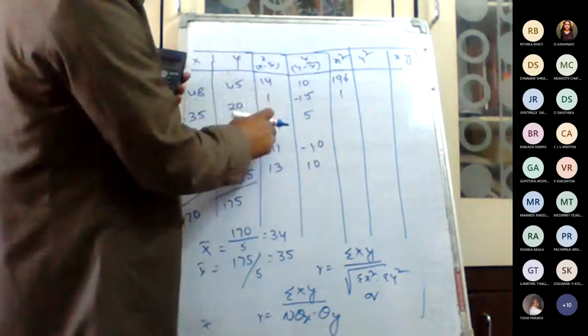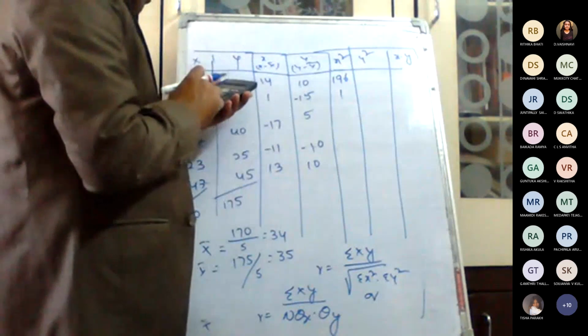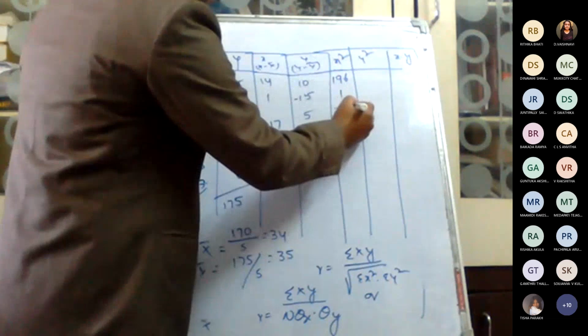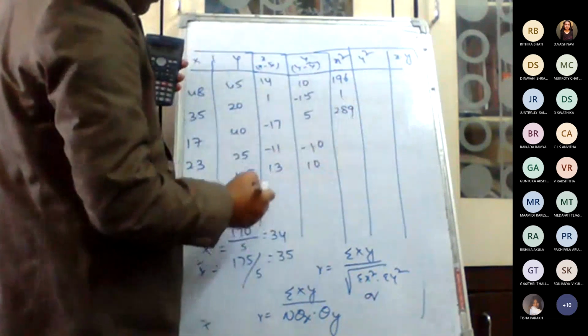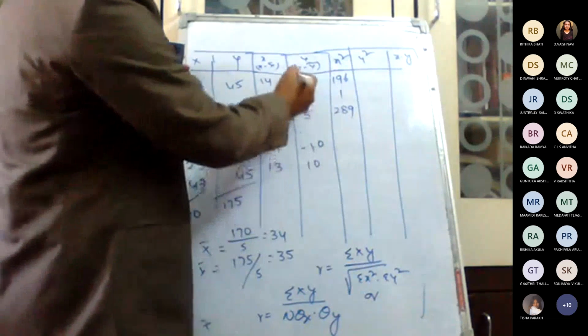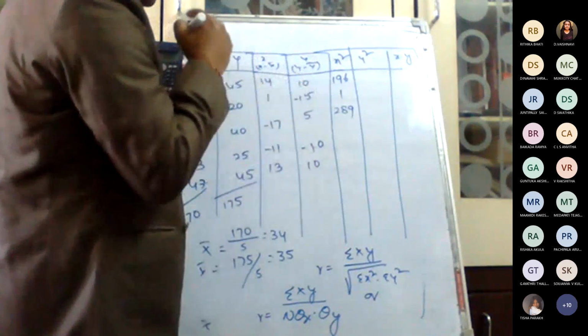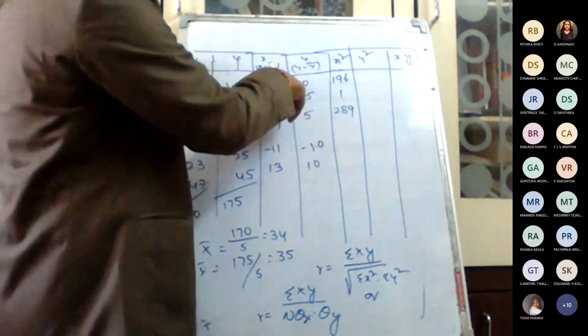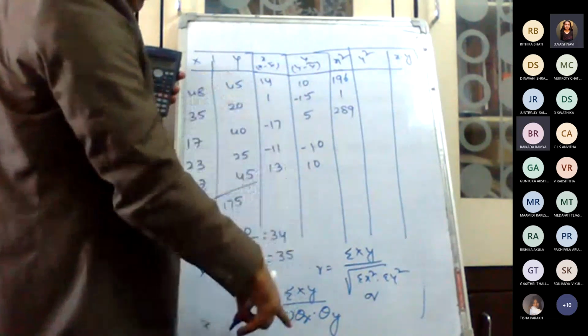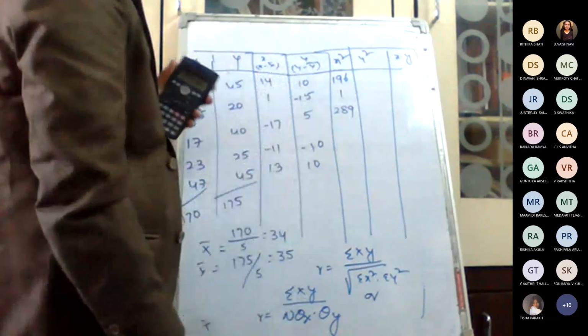Next one, 17 into 17, 289. Sir, in the y value, the first one should be minus 10. Yes, 45 minus 35 is 10.